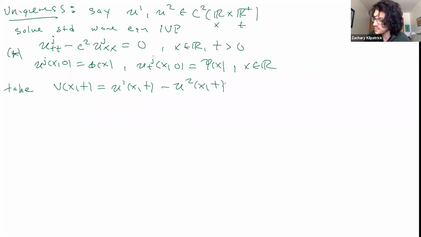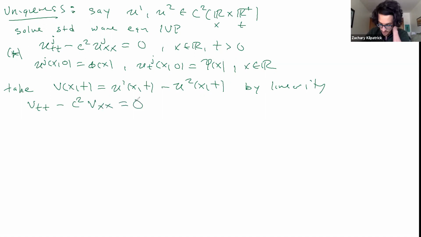So to exclude the possibility of others, we say, well, let's say there was some other solution, and let's take the difference between that solution and the solution that we know about. So by linearity, what can I say? Well, v_tt minus c squared v_xx equals 0. This is the same operator by linearity on the same domain.